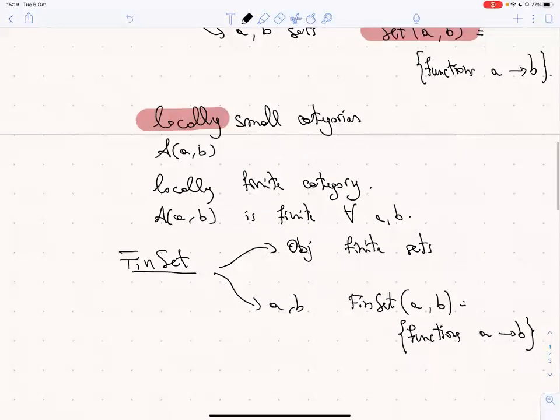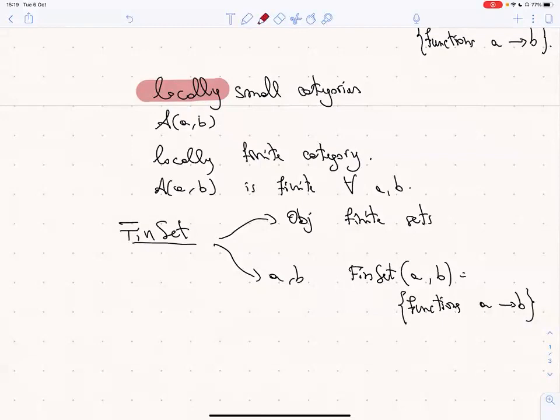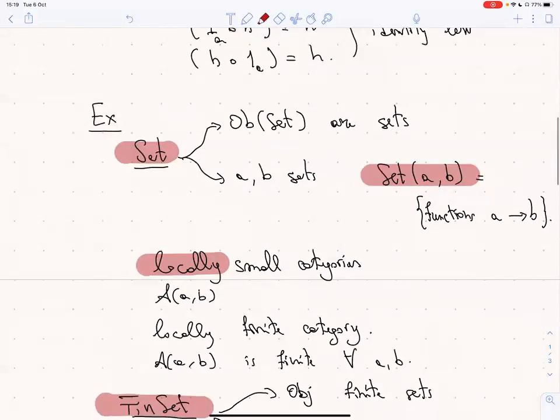Of course, there is nothing deep here, but this is a good example of a category which is locally finite. And instead, Set is a category which is locally small, though it's large. And when people say that a category is large, they mean that the objects are essentially a proper class. So I will comment on this word essentially later in this lecture.